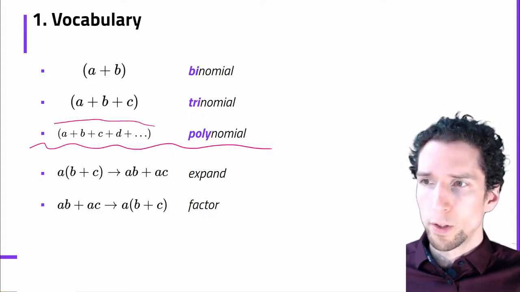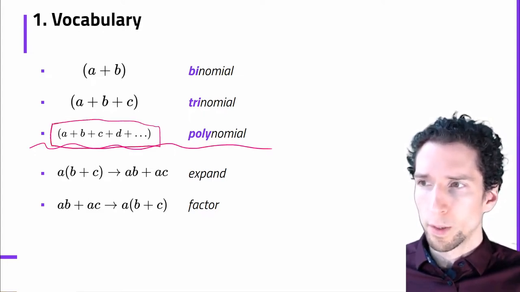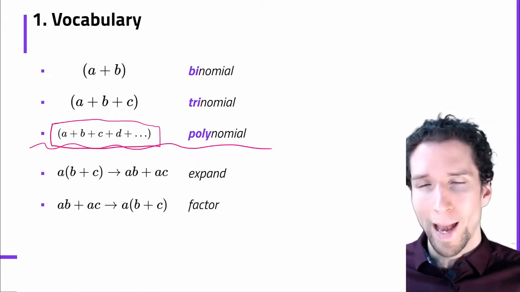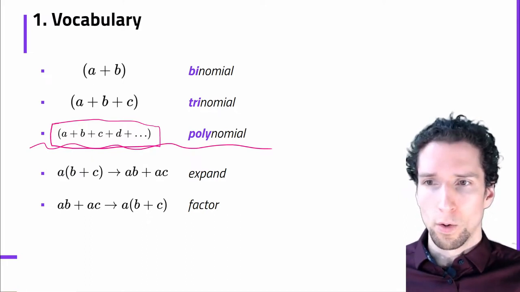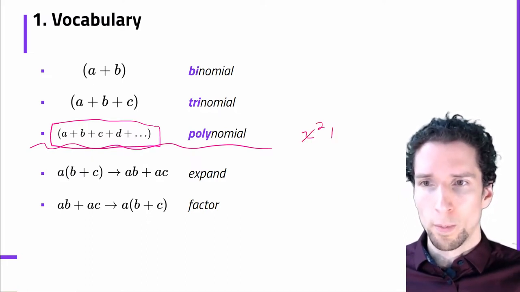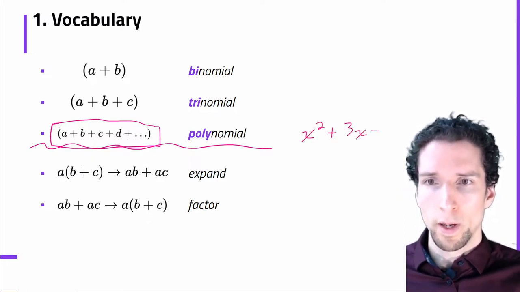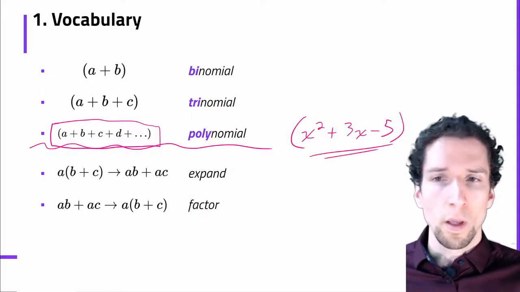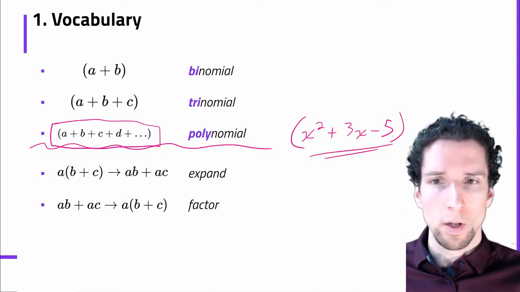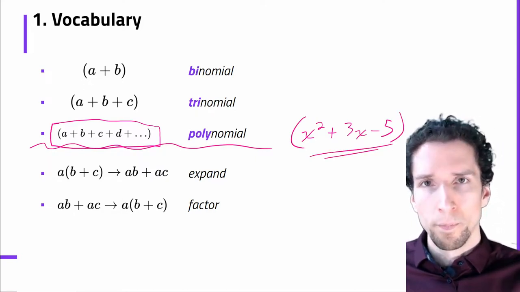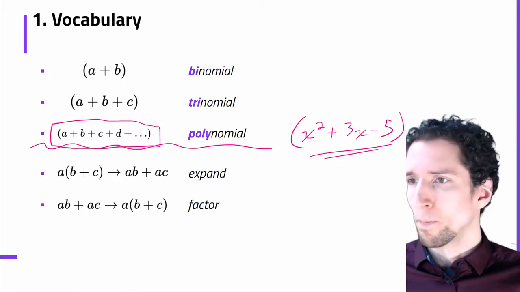So we just have multiple terms, usually being added or subtracted, and we can't simplify them. So like x squared plus 3x minus 5. This is a polynomial because I can't add them. The x squared and the x, and then with having no x, the constant here, they are distinct things.